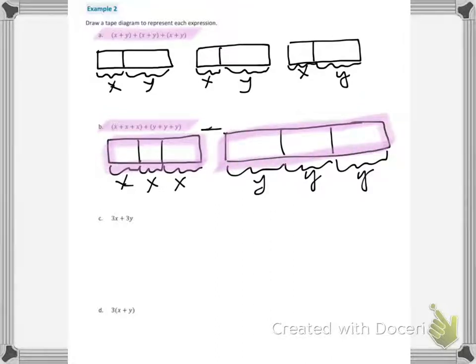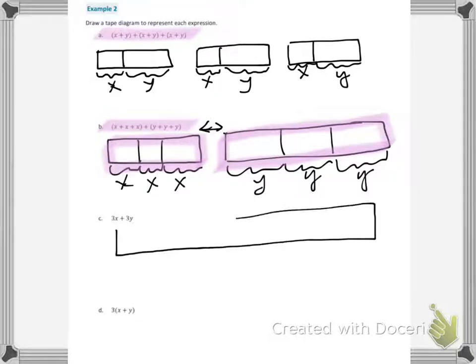Take these and put them together, and they would look something like this. Oh, that's really bad. All right, x plus x plus x, 3x plus 3y.